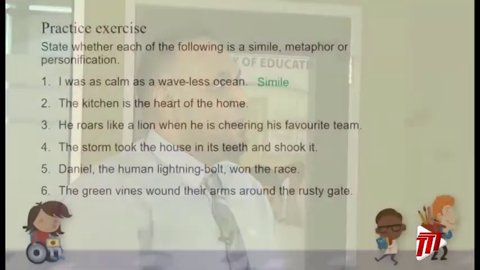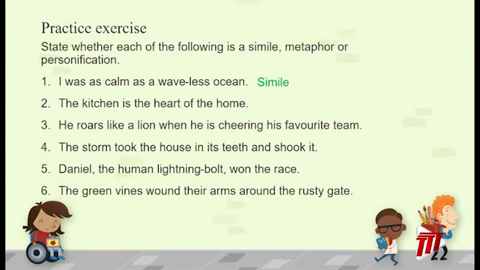I was as calm as a waveless ocean. Here, the person is compared to a waveless ocean using the word as, because it's a comparison using the word as, it's a simile. The kitchen is the heart of the home. Here, the kitchen is compared to a heart, being the center or one of the most vital organs in our body.